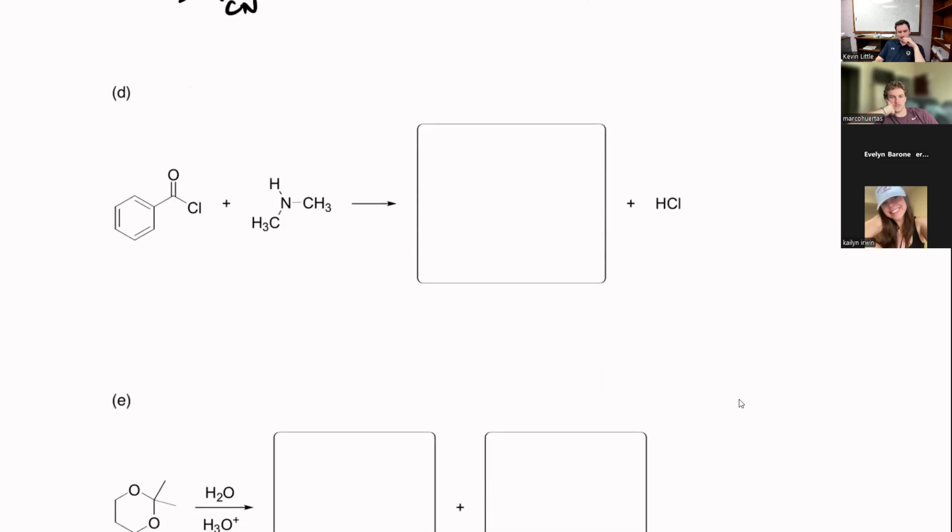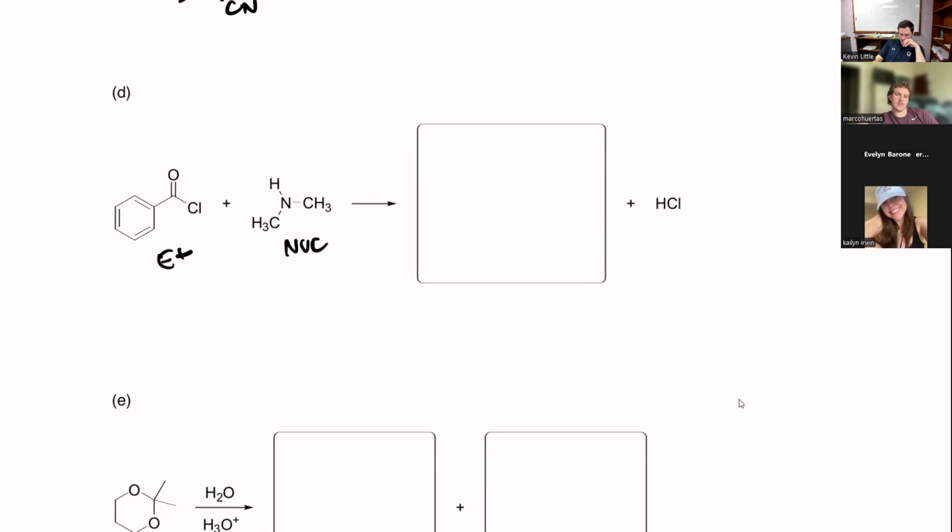All right, I have a nucleophile. Nitrogen. I have an electrophile. Carbonyl. Does this carbonyl have a heteroatom on it or not? Yes. So that means I'm doing what?